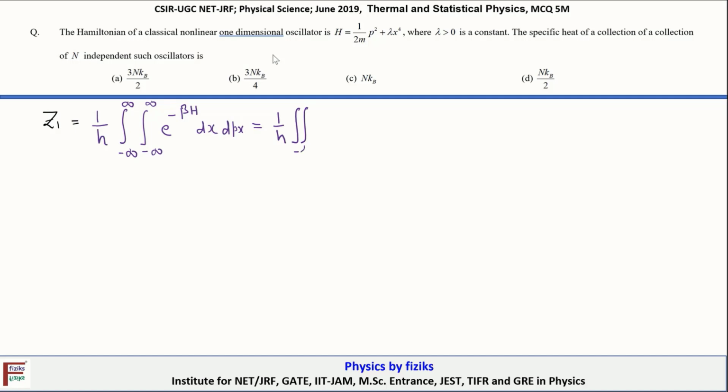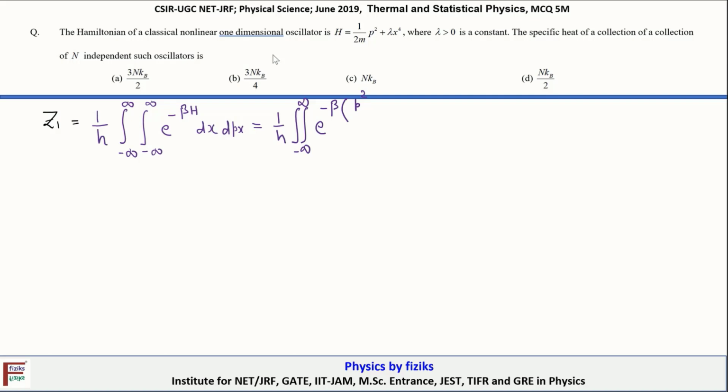So the limits are common, from minus infinity to infinity. Exponential minus beta, and because we are treating it as one dimension, either p square by 2m or px square by 2m, that doesn't matter.